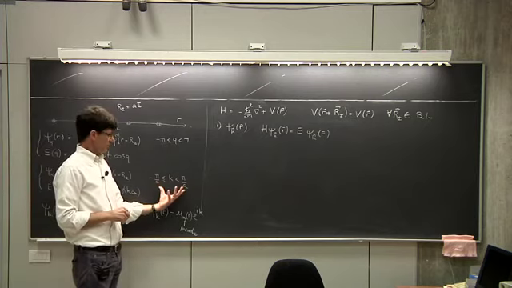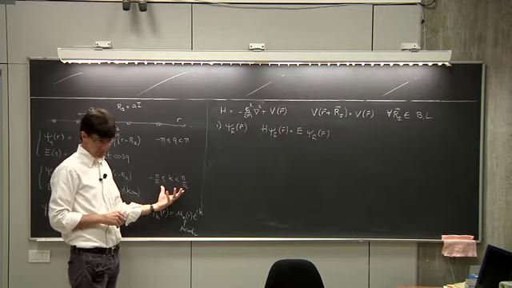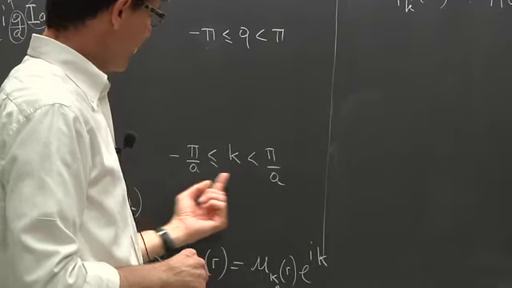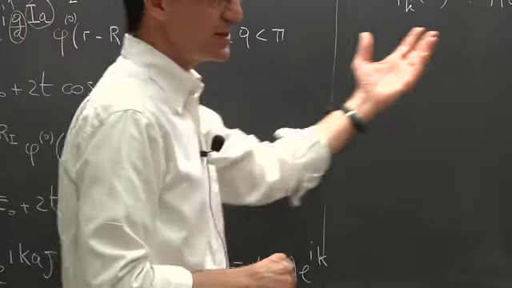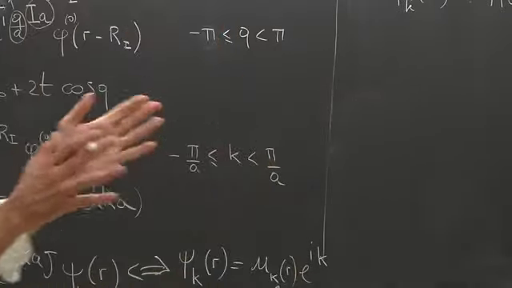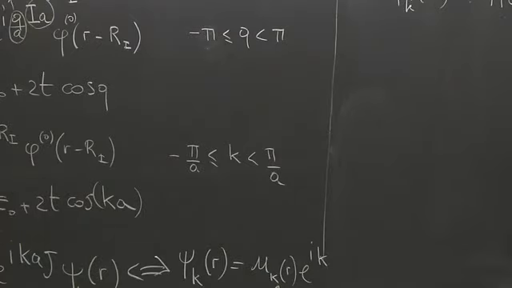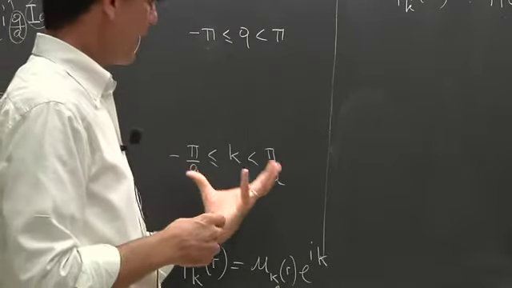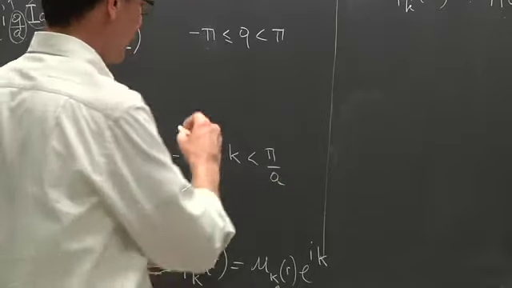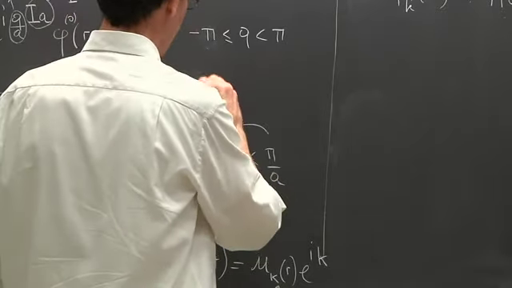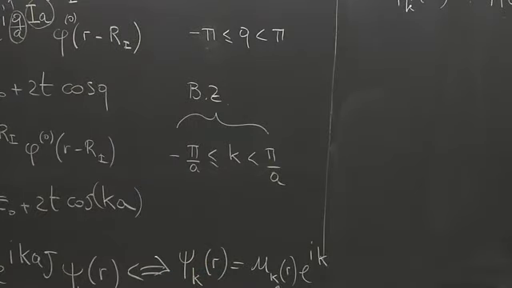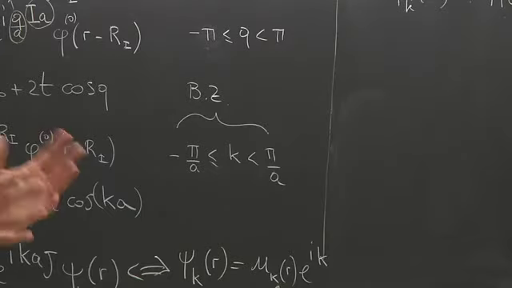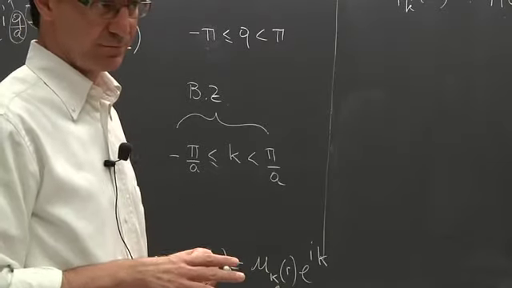Now, you have certainly noticed this region, minus pi over a to pi over a, and the fact that we had periodicity with periodicity 2 pi over a in 1 dimension. This is actually the Brillouin zone of a 1-dimensional system. And 2 pi over a times n are the reciprocal lattice points in one dimension.